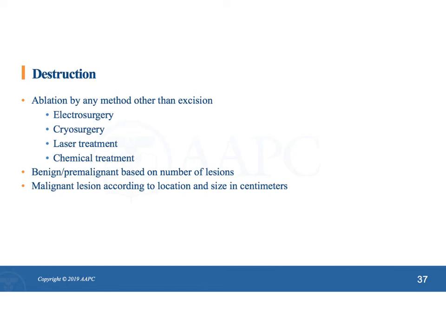Methods may include electrosurgery, cryosurgery, and laser and chemical treatment. The codes for benign or premalignant lesions are based on the number of lesions. The destruction of malignant lesions is divided according to the location and the size of the lesion in centimeters.